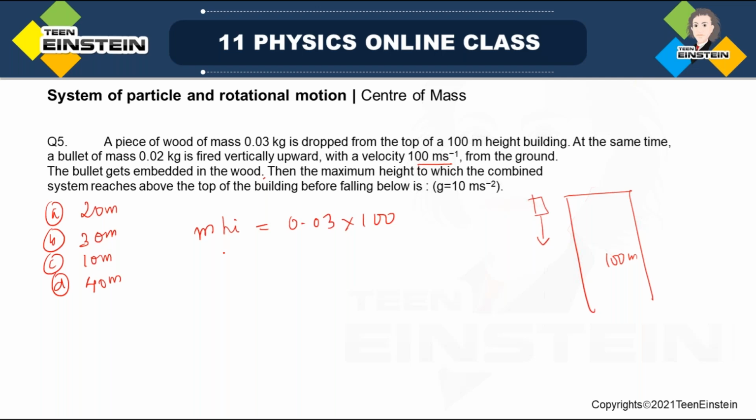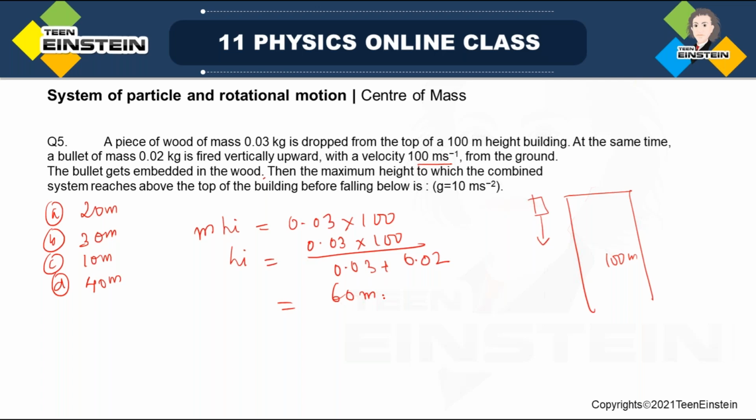So the initial height will be 0.03 into 100 divided by the combined mass, which is 0.03 plus 0.02 kg. So this would give you 60 meter.